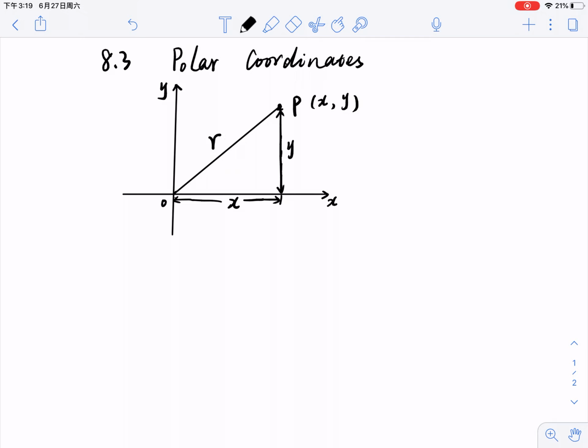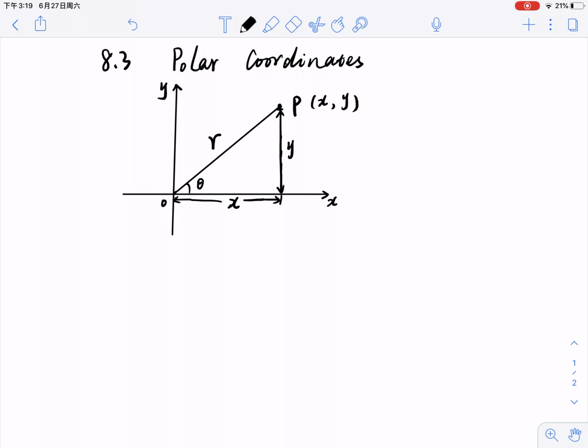The angle theta is measured counterclockwise from the positive x-axis to the line through the point P and the origin.